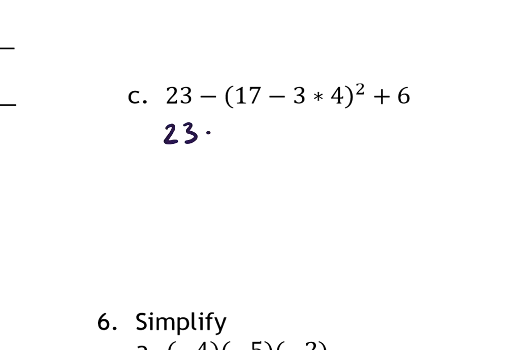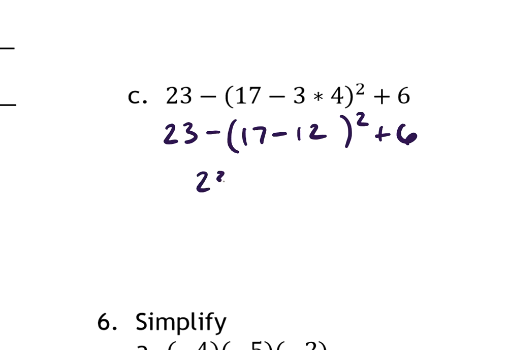I really encourage you to rewrite parts of this again and again and just simplify one thing at a time. So for example, 3 times 4 is 12. So I've got here 23 minus the quantity of 17 minus 12 squared.